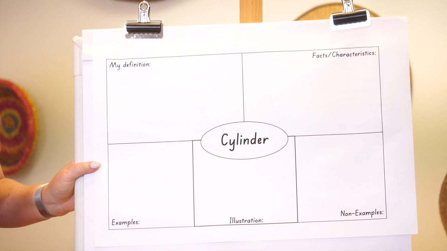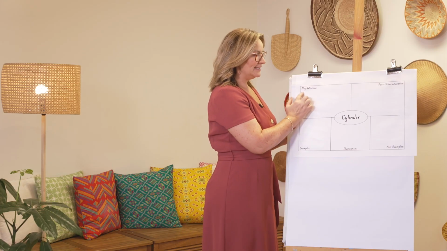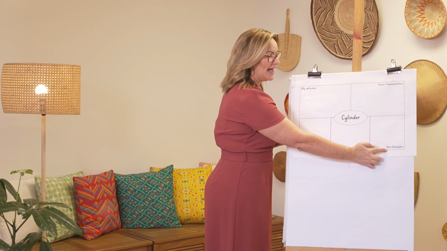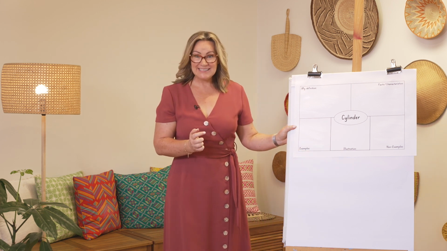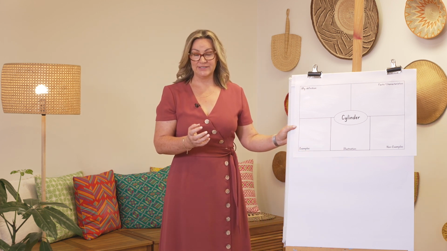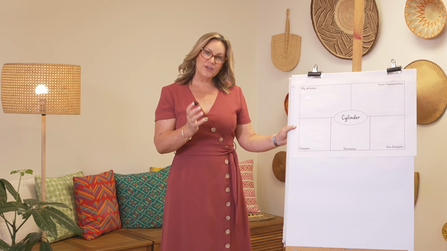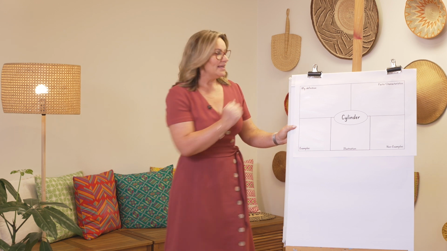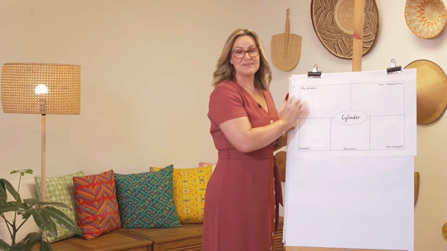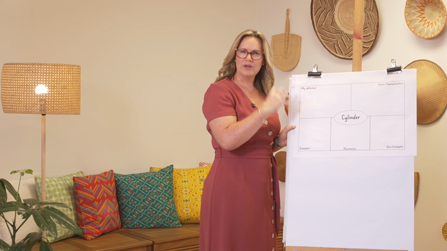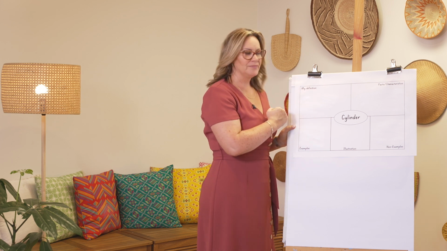With a Freya card, we have these headings to help us unpack what the word is and how we can use it. So the first thing we do is we need to make sure we understand the titles. So we have my definition. So we need to know what it is and how it's defined.